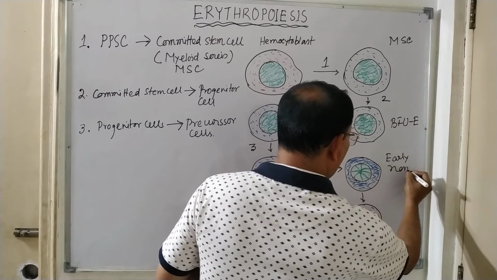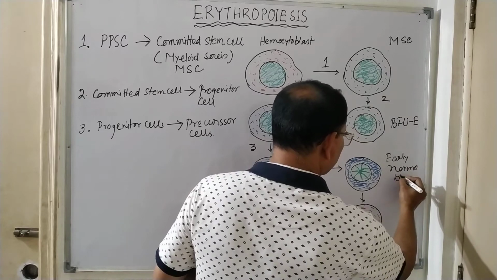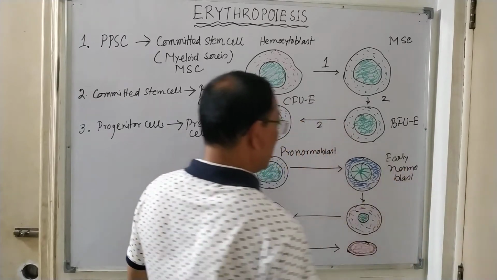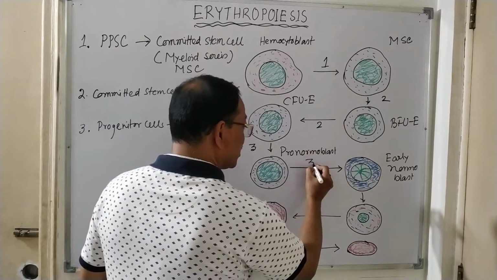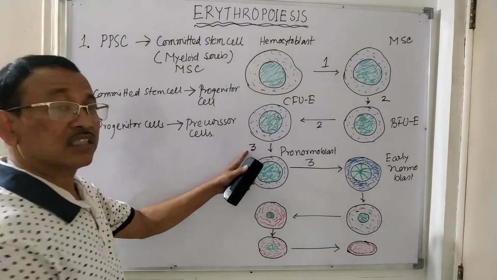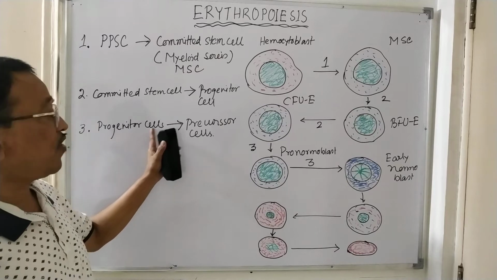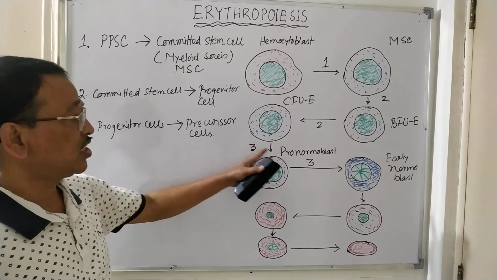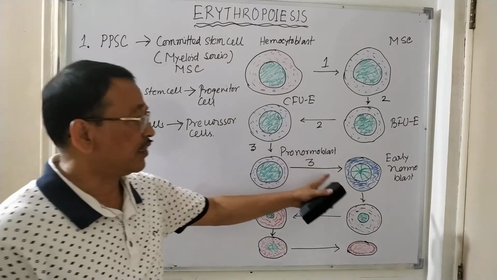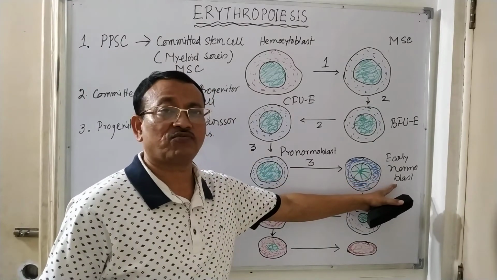So this is also the second level of the third stage, where the progenitor cell is converted to the precursor cell. First the pronormoblast is formed and then the early normoblast is formed.